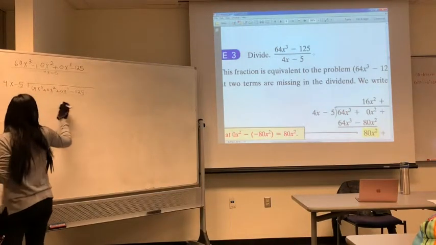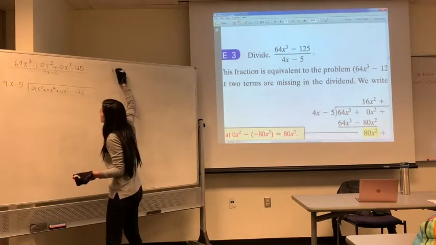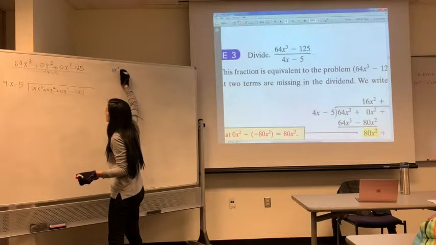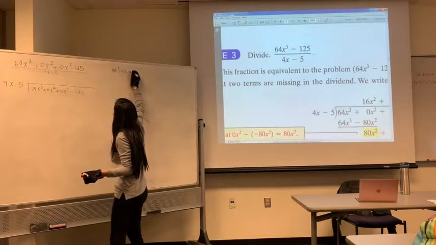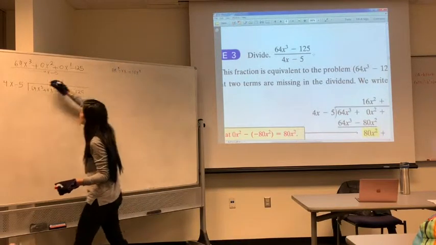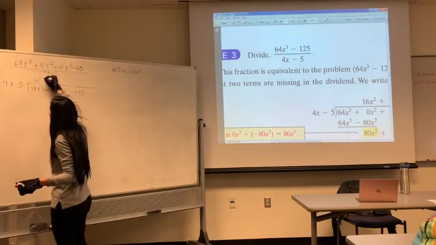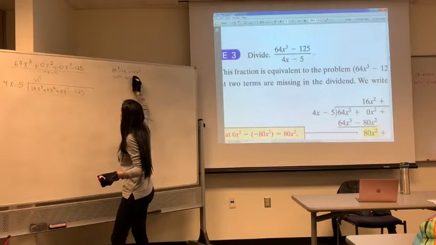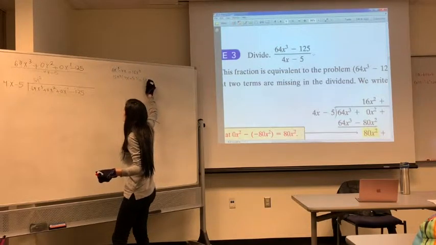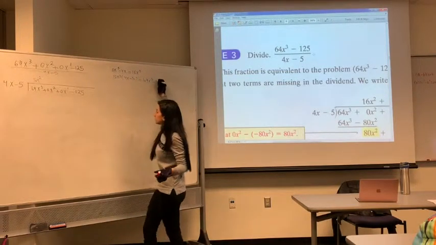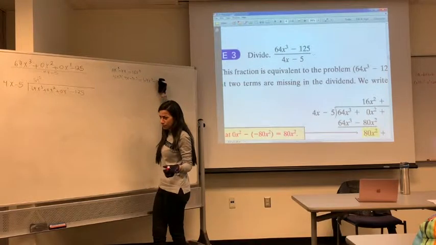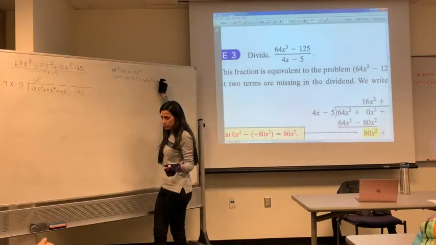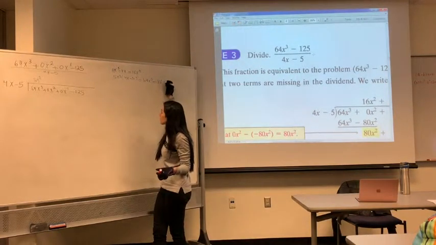So we have 16. What was 16? 5, 80. X squared.